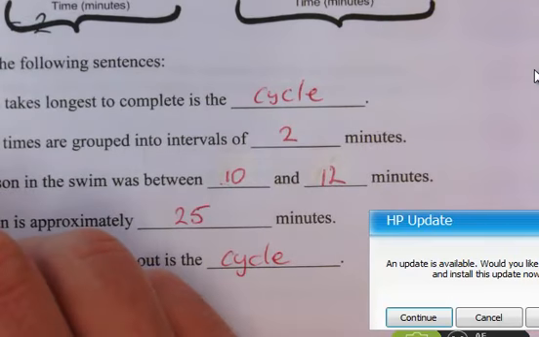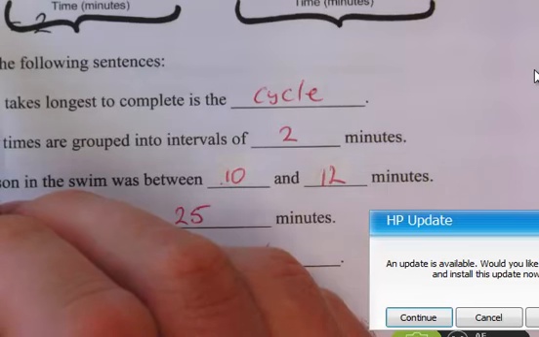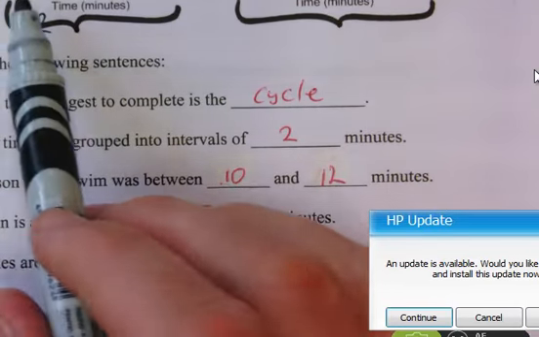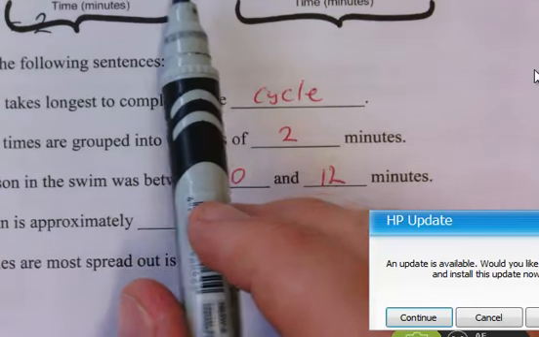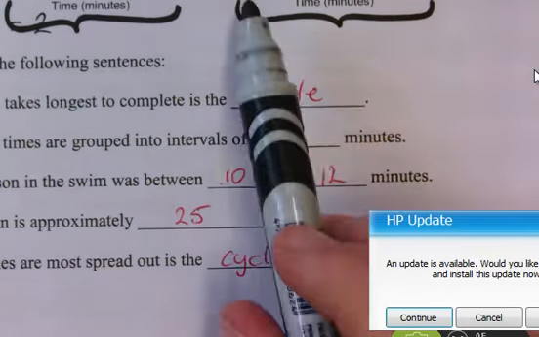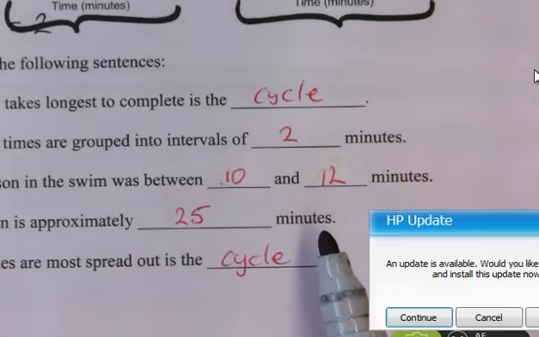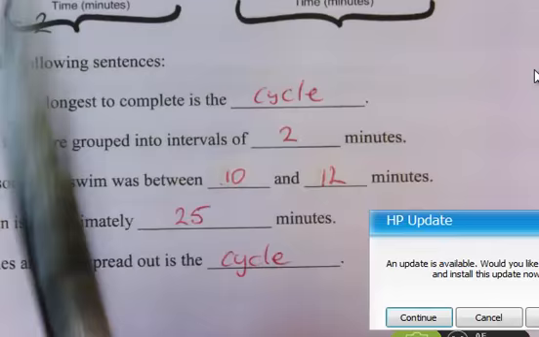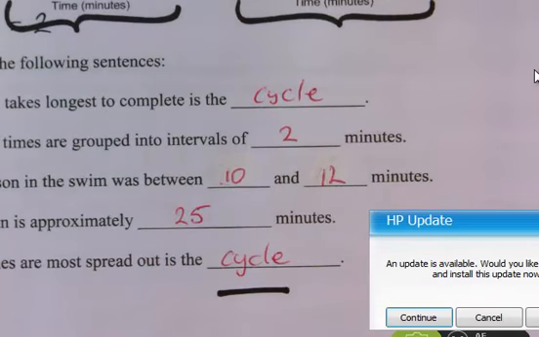Most spread out, well, from 10 to 32, so the range there you could say is 22. From 30 to 60, the range there is 30. And from 16 to 38. So you can see there that the biggest range is going to be for the cycle. So that's the answer.